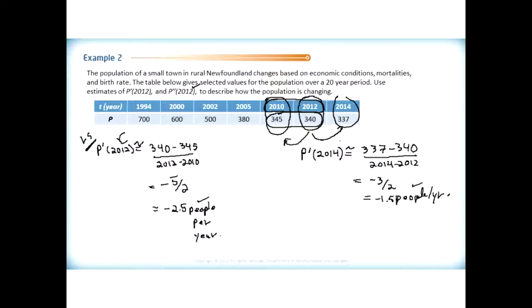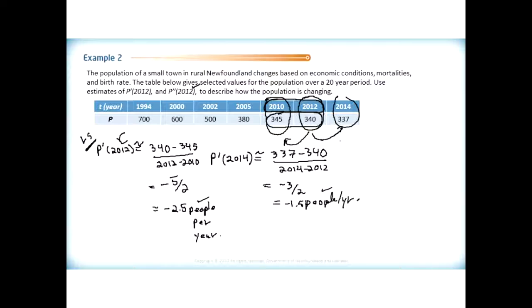And that's a trickier thing to do. And the more estimation you do, less and less accurate things get. But you do your best with what you have. So let's try another one here. We're going to say that the second derivative at 2012, we can use those two values that we had before. It's going to be about equal to, so we'll say negative 1.5, subtract negative 2.5, divided by the span of time between those two things.